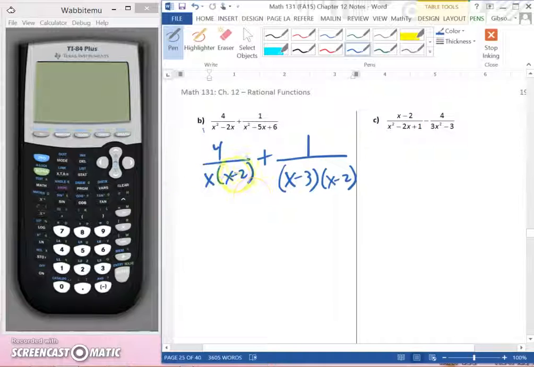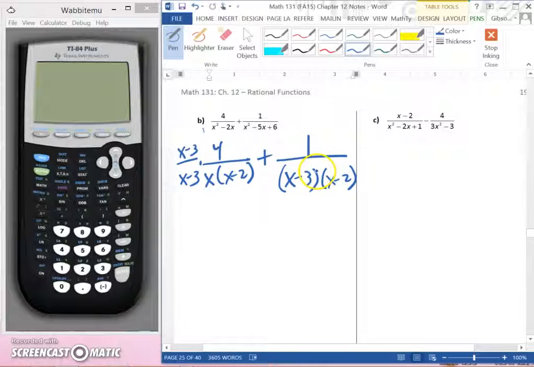Okay, now, here's the thing. We look at these denominators, and we look at what each is missing. We have an x and an x minus 2. We notice in the other denominator, we have an x minus 2. So we're missing an x minus 3. So we multiply this numerator and denominator by x minus 3.